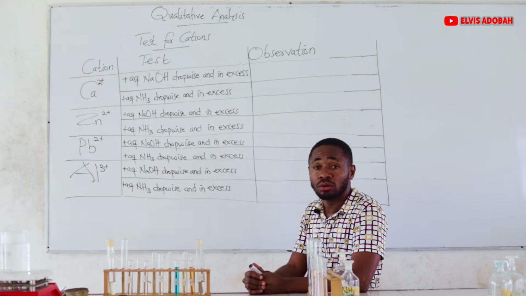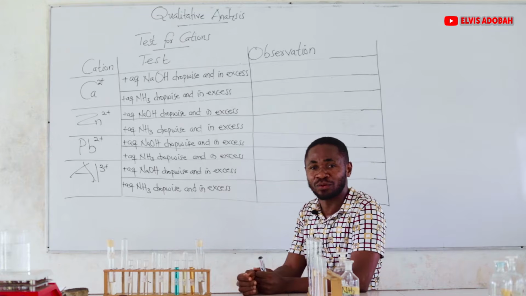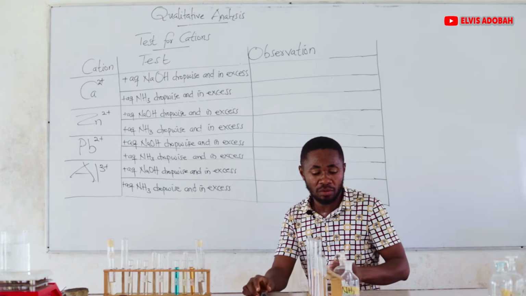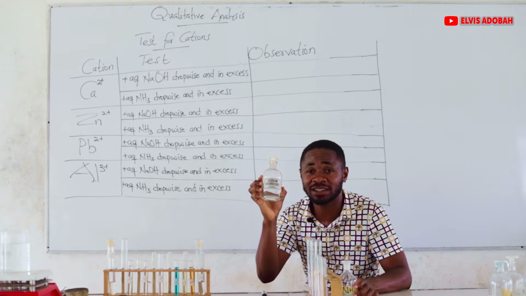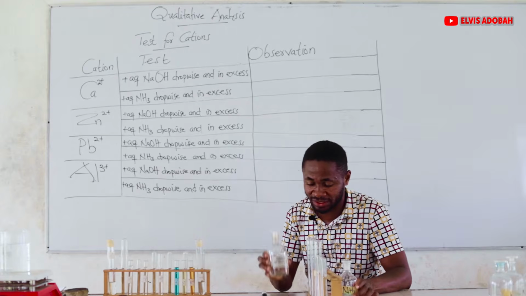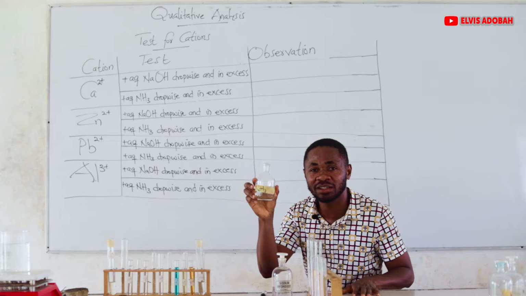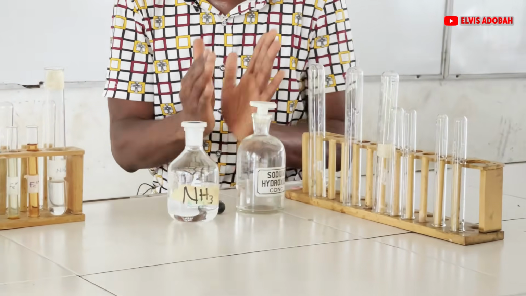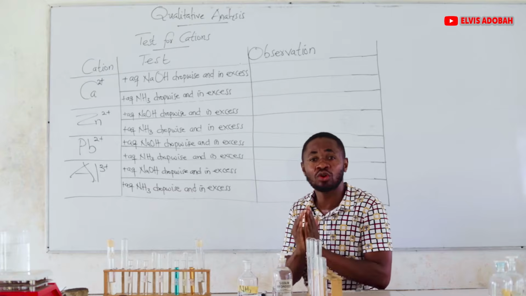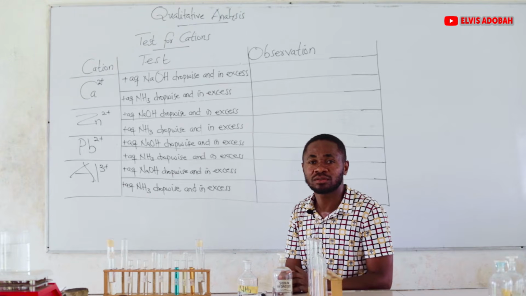With test for cations, there are things we need to look out for. First, we'll be using sodium hydroxide as one of our reagents and aqueous ammonia as our other reagent. We will take our sample, then we will first add the sodium hydroxide and look out for the results.